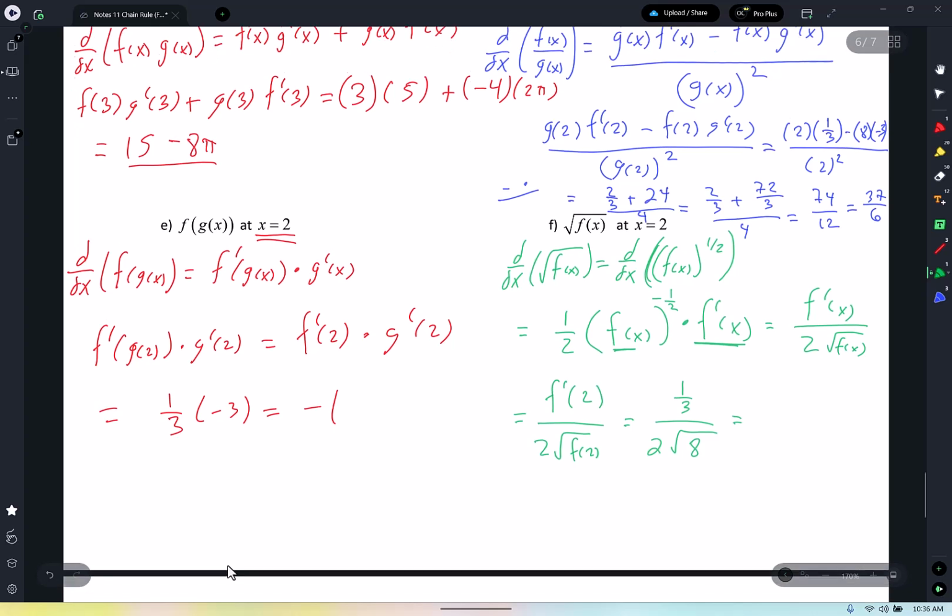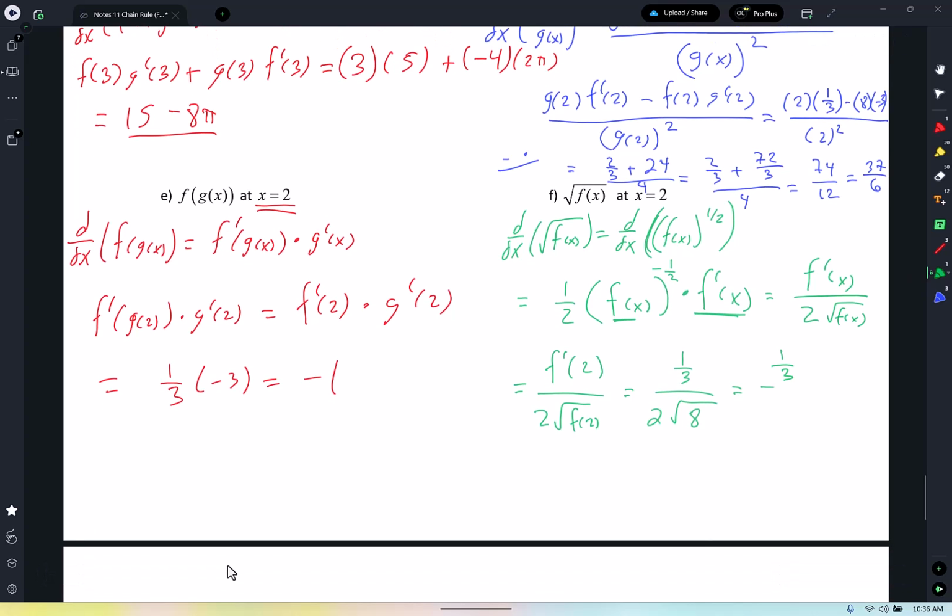Let's see if we can make this prettier. 1/3 over 4 times 2 is 8. The square root of 4 is 2. 2 times 2 is 4. So 4 square root of 2. We still okay? This turns to 1 over, what's 4 times 3? 12 square root of 2. Let's rationalize it. So square root of 2 over 12 times 2 is 24.